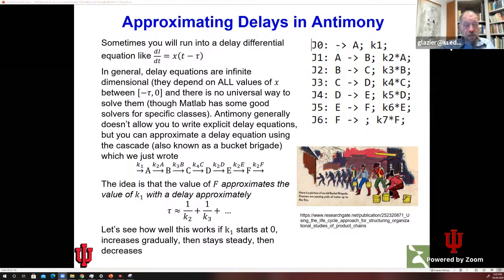The number of deaths from COVID may be the number of infections from COVID 3 weeks ago times something. Or in the case of the immune system, the number of antigen-presenting cells in the lymph node is related to the number of antigen-presenting cells in the tissue 2 days earlier.